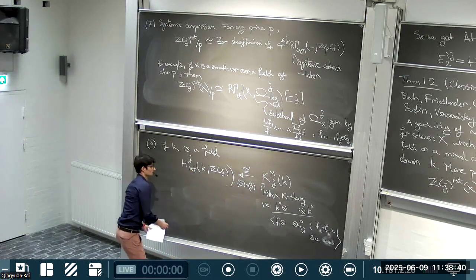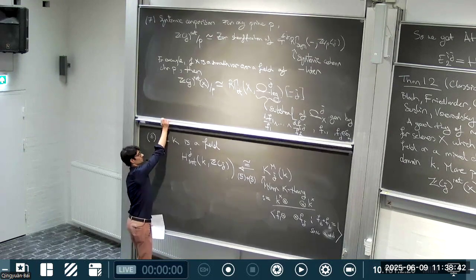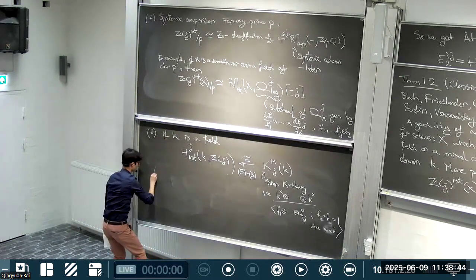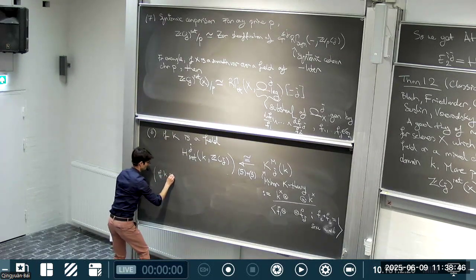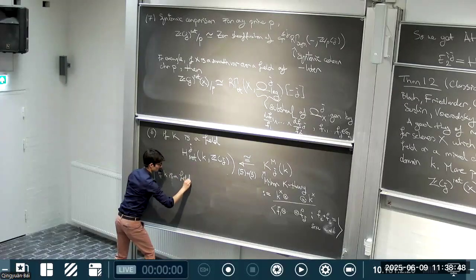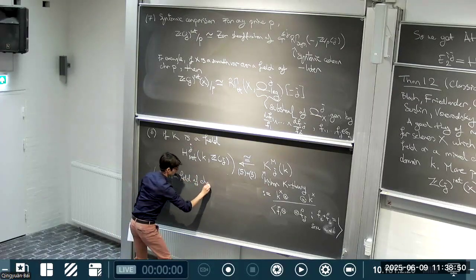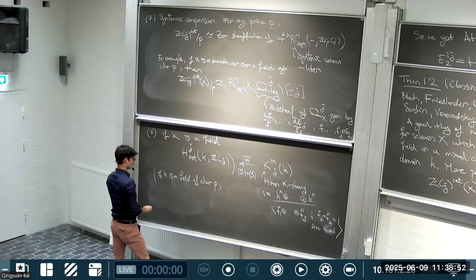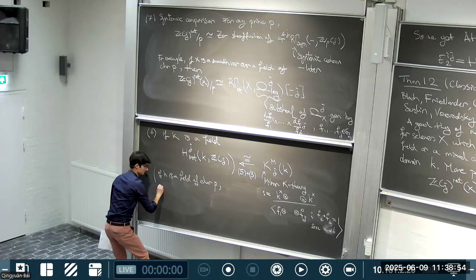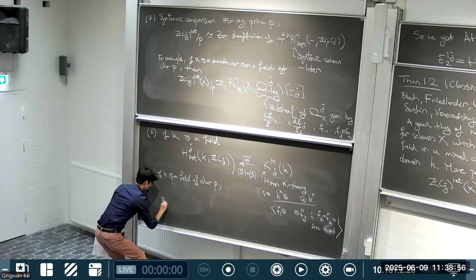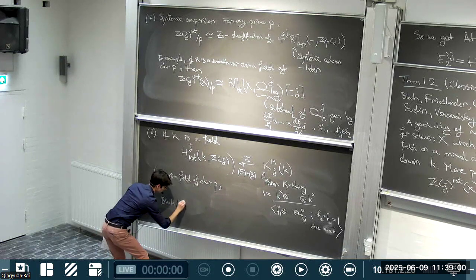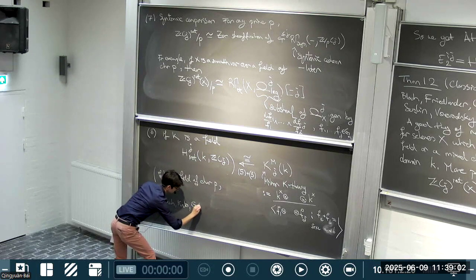Okay, so now I can get to the previous question. If K is a field of characteristic p, then there's a theorem of Bloch, Gabber and Kato.